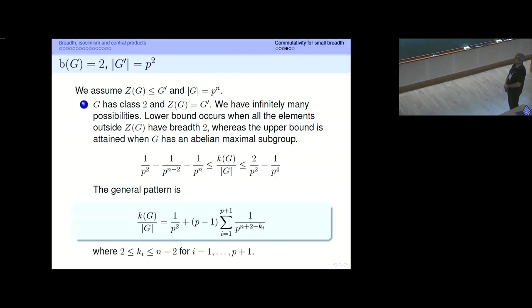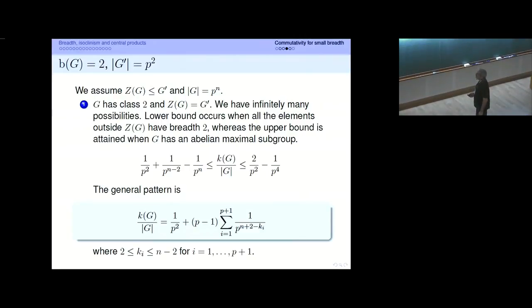Here we find something which is not what we want, because if G has class 2, we can only give, again, bounds. One of these is the upper bound, which is fine, but this contains the order of G, and this is something we cannot eliminate.